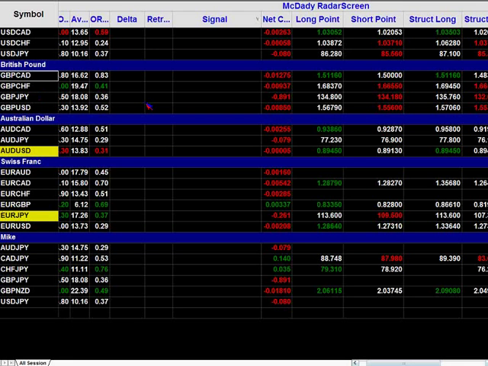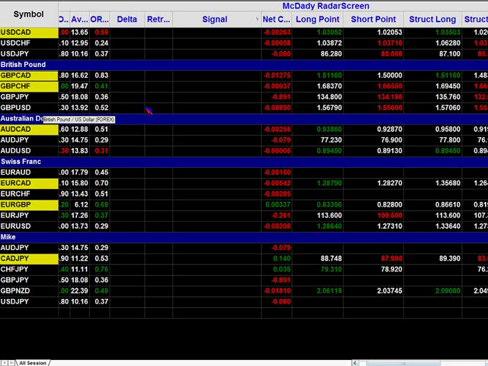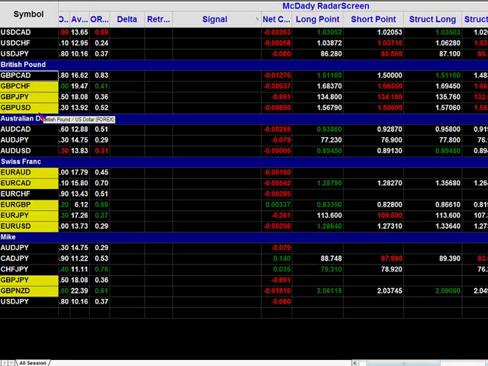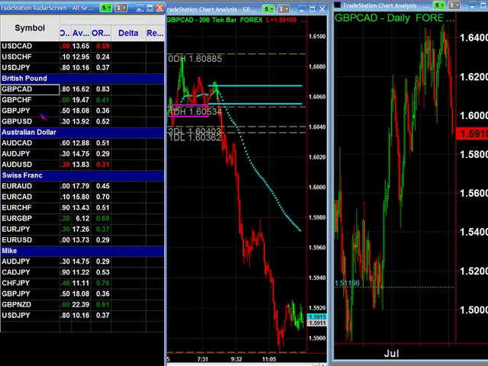So this was the radar screen this morning, and we saw that all the pound pairs were selling off tremendously. The pound dollar was coming down about 100 pips. The pound yen was about 100 pips. The pound CAD was down 100 pips. The pound Swiss was down like 70 pips. So the pound was weak across the board. And as you can see here, the pound CAD is just moving down 100 pips.